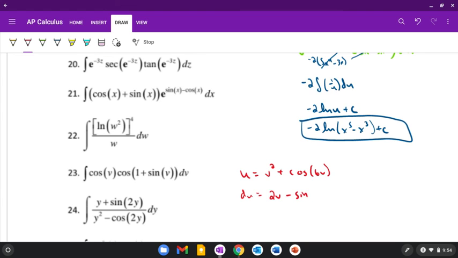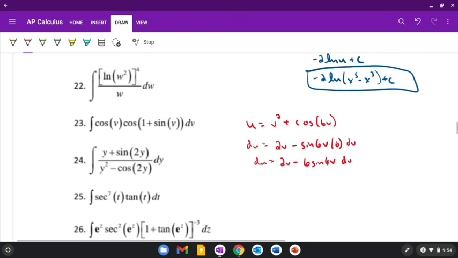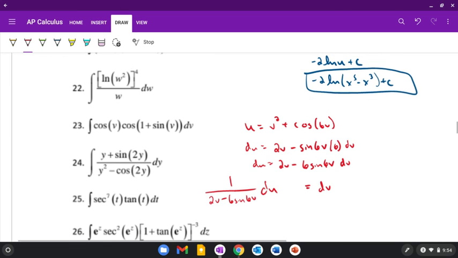Minus sine of 6v times the derivative of 6v, which is 6. So it's actually just du is 2v minus 6 sine of 6v. And then I need my dv on there. So then dv is 1 over 2v minus 6 sine of 6v du.